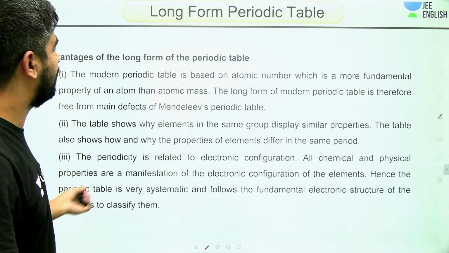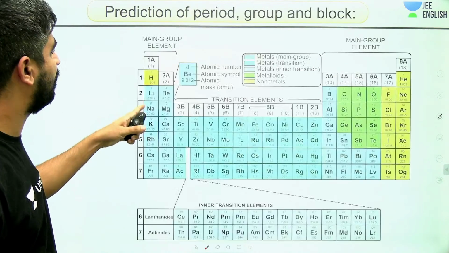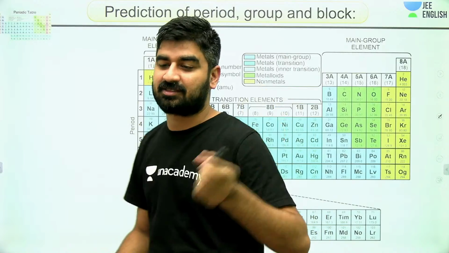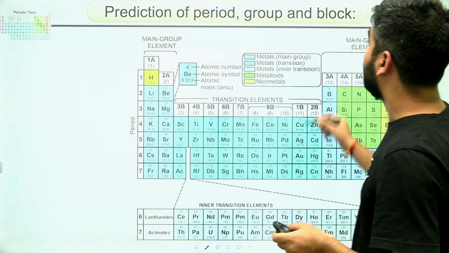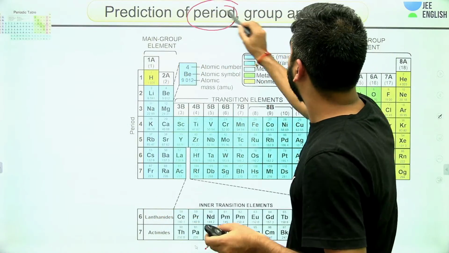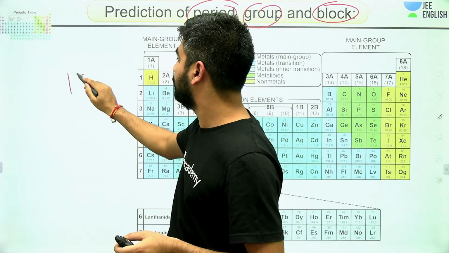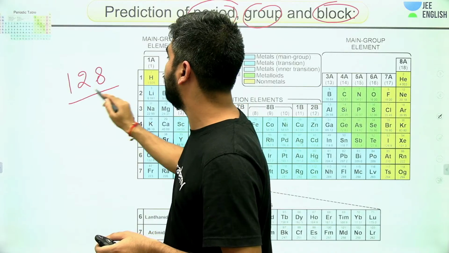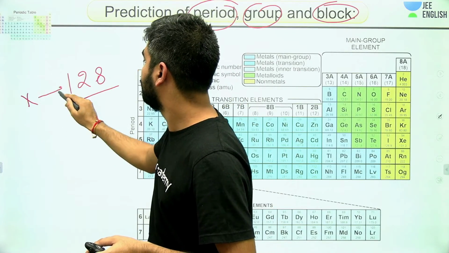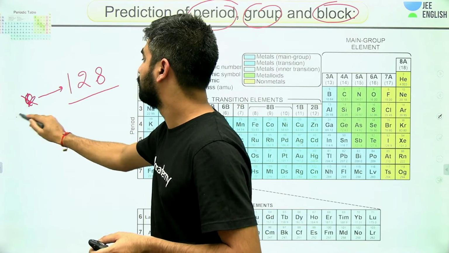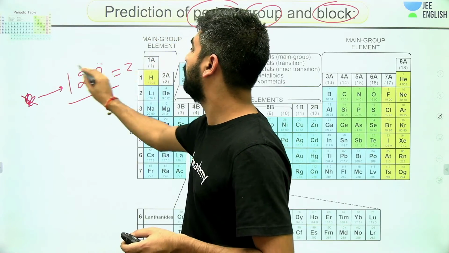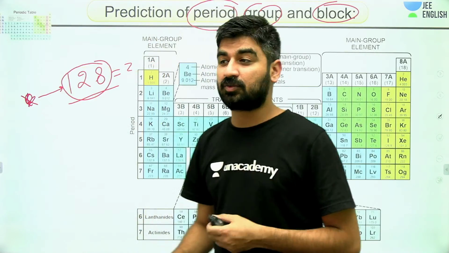So guys, the advantage of the long form of the periodic table and all these will be in the next class. In the next class, what I'm going to cover, guys, is prediction of period, group and block. Suppose somebody is saying we found an element having atomic number 280. So what will be its period number and what will be its group number?